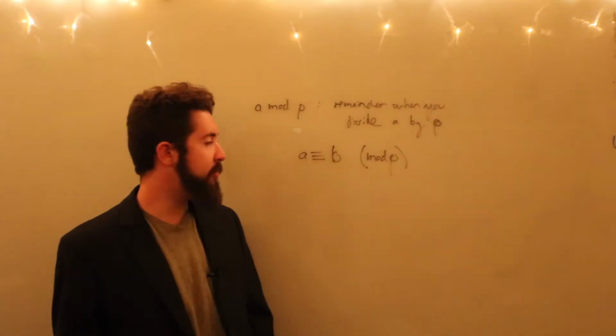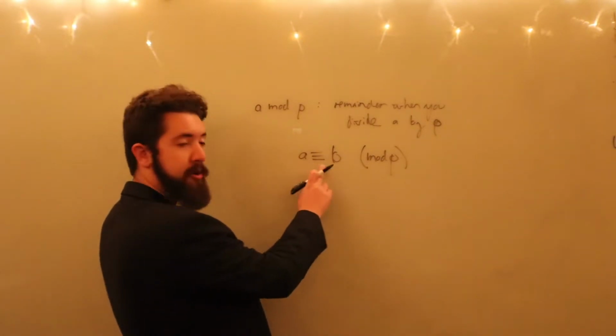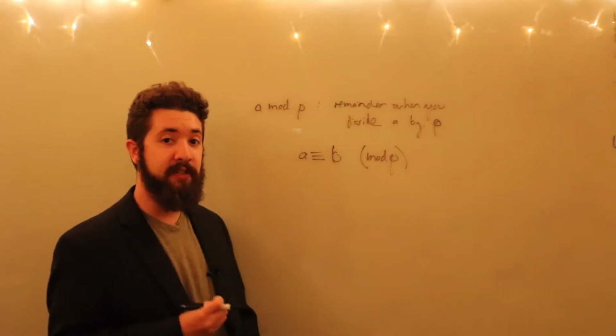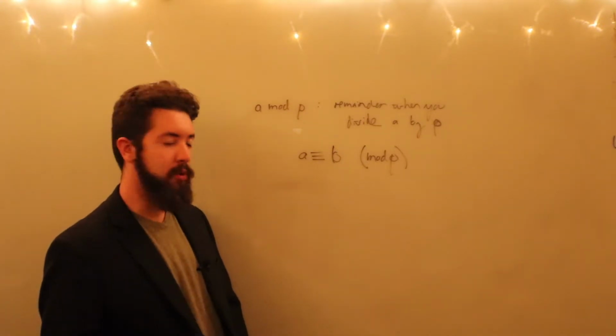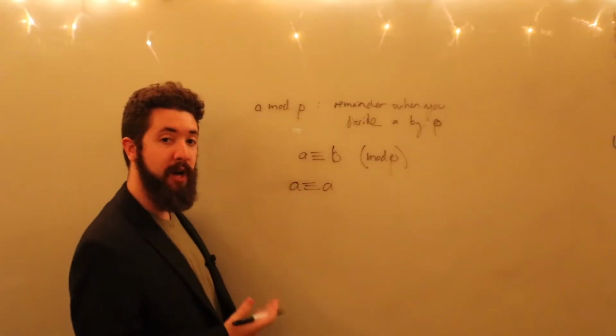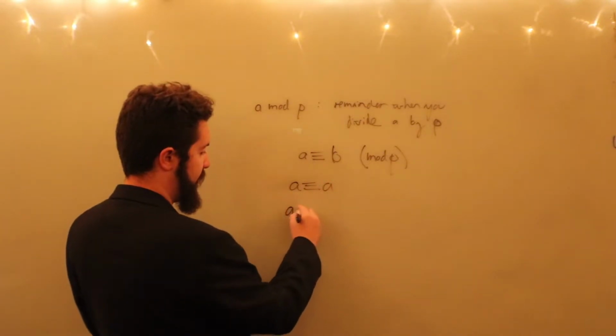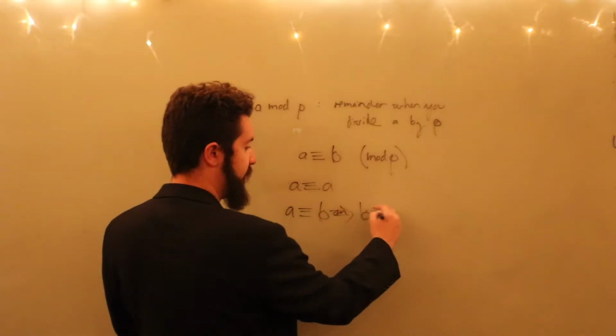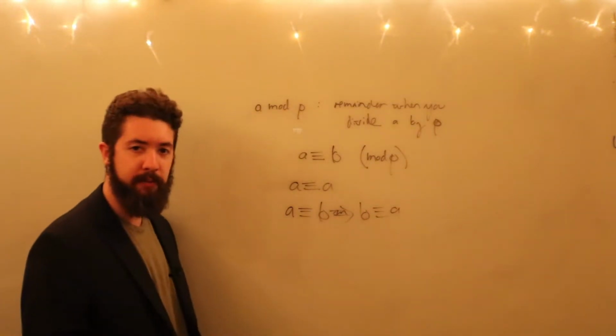Now it's actually going to be true that this congruence here is an equivalence relation on the integers. In other words, a is always congruent to a mod p. If a is congruent to b, then b is congruent to a mod p.